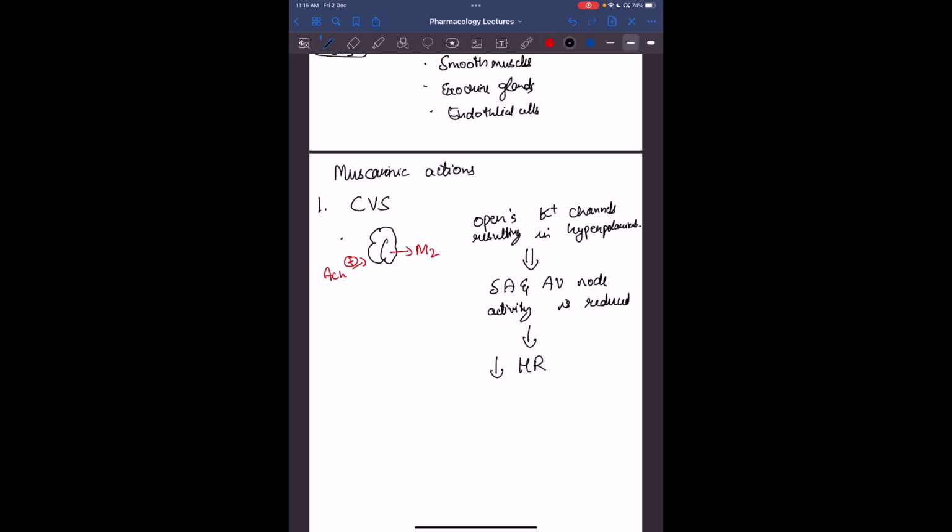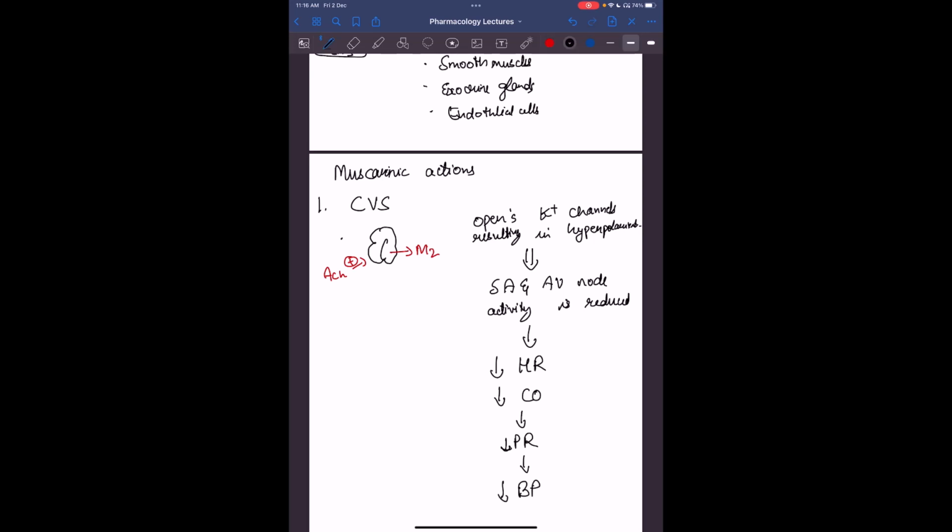Due to decreased heart rate, what happens? There is a decreased cardiac output. Decreased cardiac output leads to decreased peripheral resistance. Due to decreased peripheral resistance, ultimately there will be a decrease in BP.